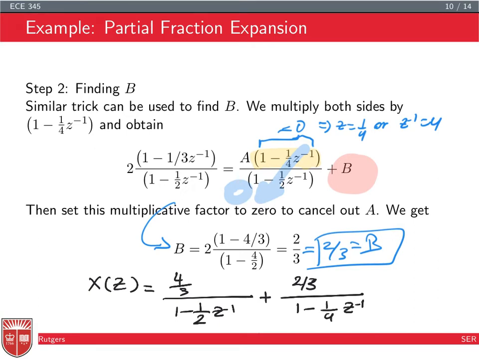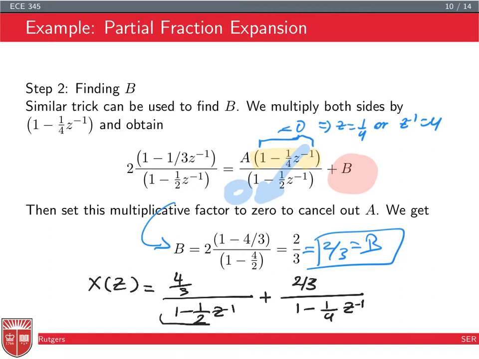And you can see now, hopefully, that it's easy to invert each of these terms. Now, the thing to take care of here is that the ROC was not clarified in the question, because I want you to study the different cases, and that's what I want to do next.